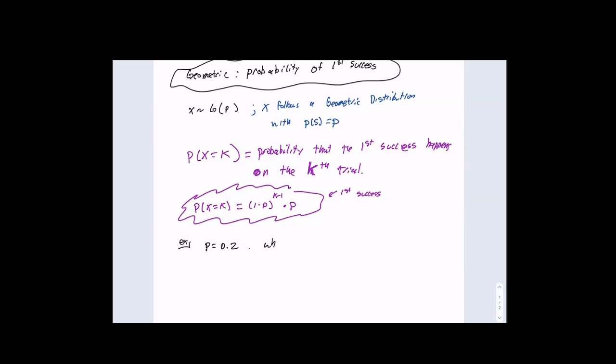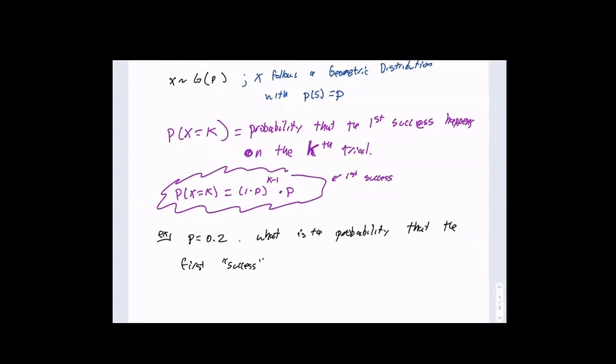But then the question is, what is the probability that the first success, and in your homework it might say something like the first time you find a person with type AB blood or something like that, is on the 6th trial.